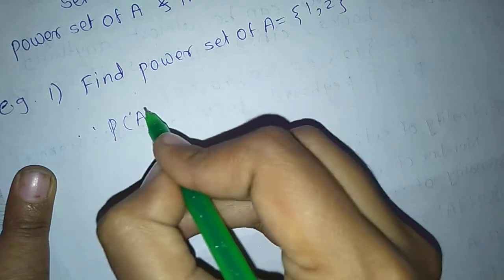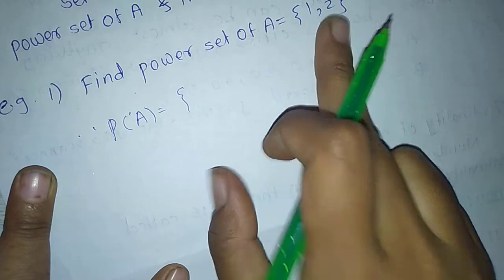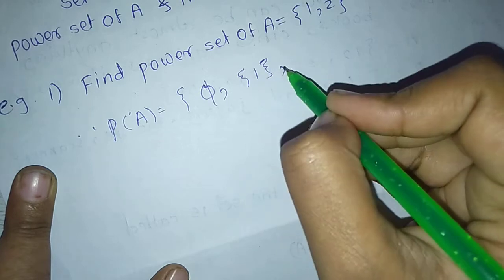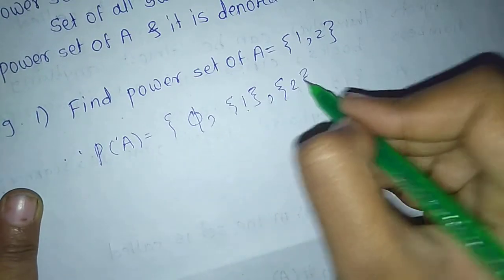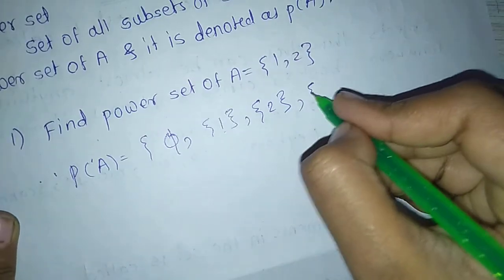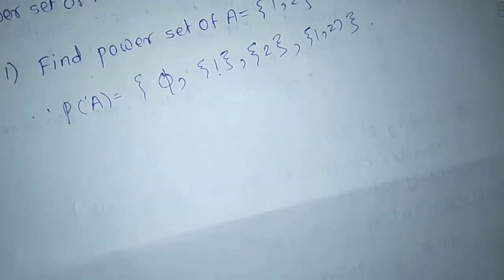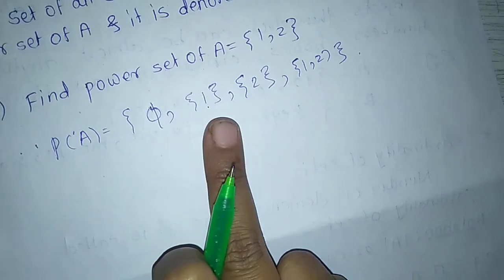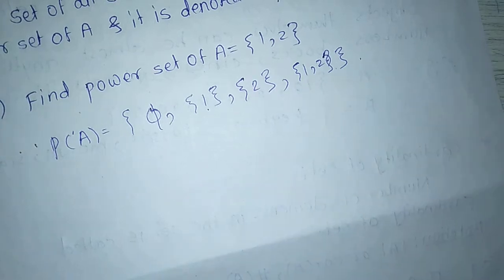P of A means all subsets of set A. First the empty set, next sets containing a single element, singleton 1, singleton 2. Next the set containing two elements, 1, 2. This is nothing but the power set of A: empty set, singleton 1, singleton 2 and 1, 2.